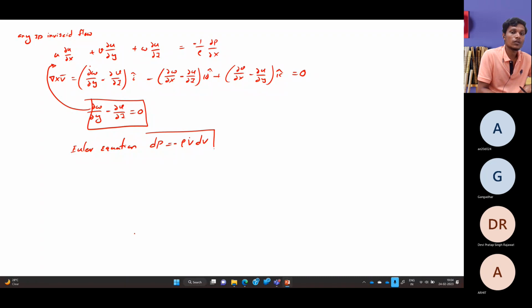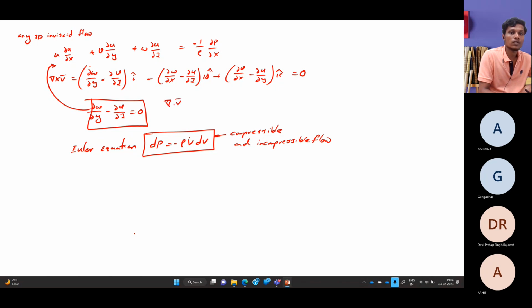This is a very powerful equation that one needs to understand, which is valid for both compressible and incompressible flow.